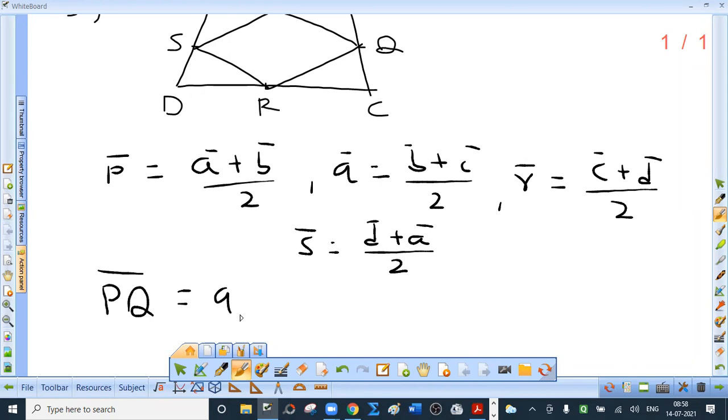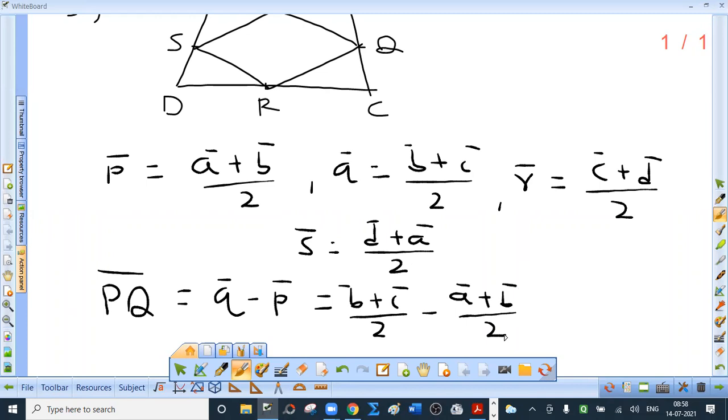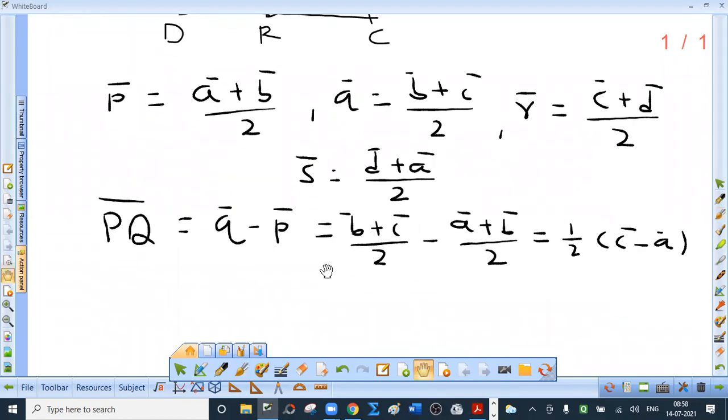PQ bar is Q bar minus P bar. Substitute and tell me what you get. It is B bar plus C bar upon 2 minus A bar plus B bar upon 2. So that gives me half C bar minus A bar. So this is PQ bar.